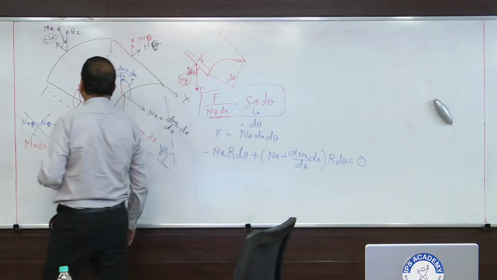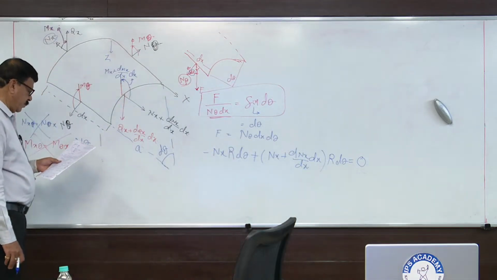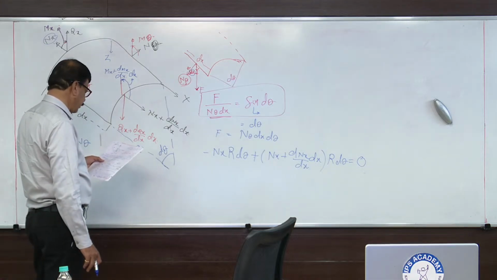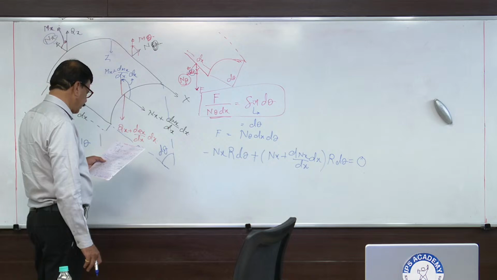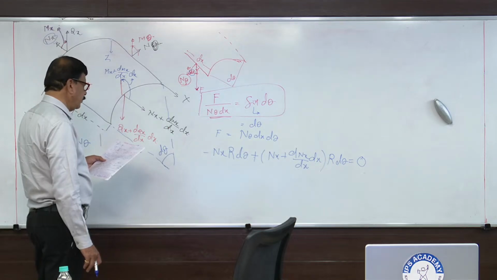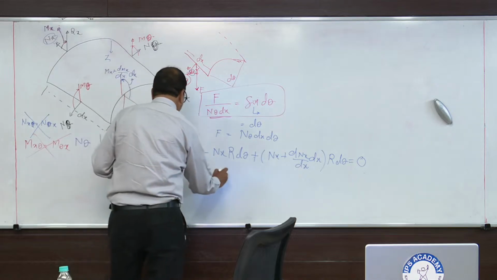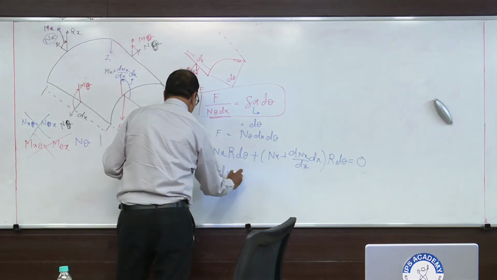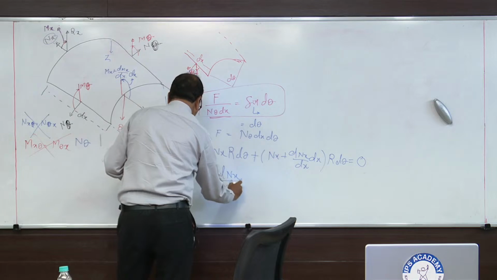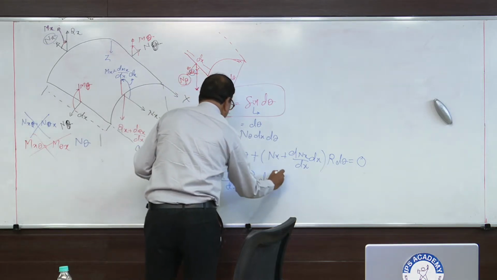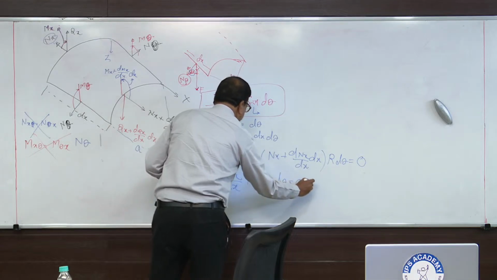There are two forces only in the x direction. तो क्या बचा? So N x r d theta cancels, d N x by dx into r dx d theta. Equation 1.